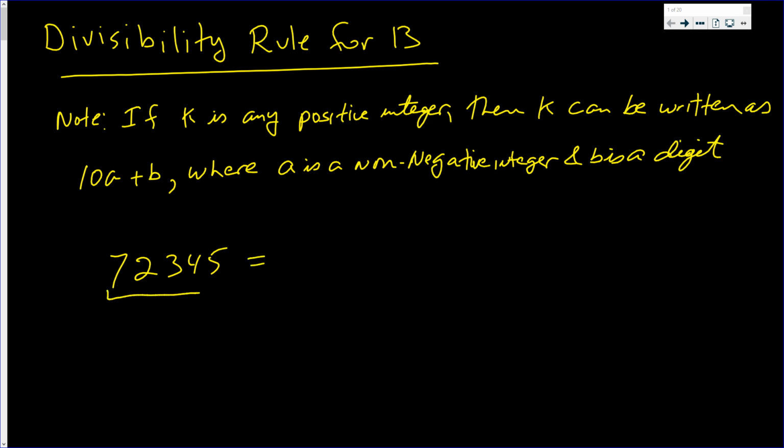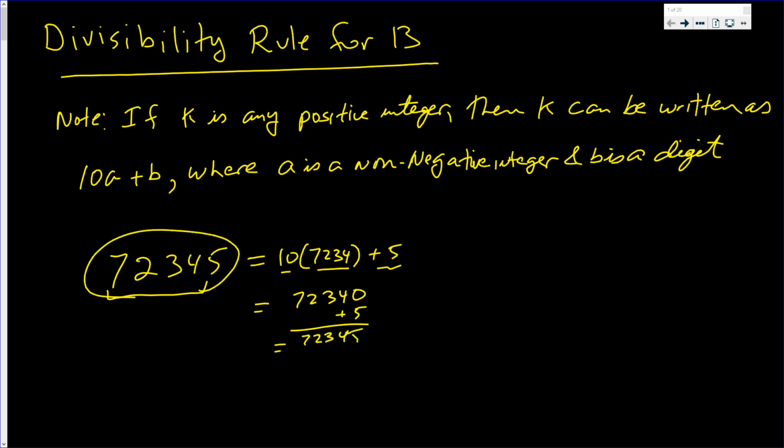This number is 10 times 7234, and then add 5. And if you don't believe that, 10 times that number is that number with the 0. When we add on 5, we do get 72345, which is that number. So it's 10 times a plus b, 10a plus b.